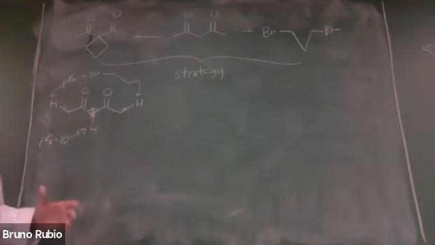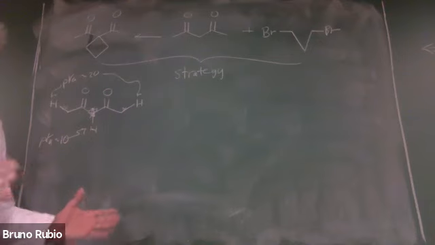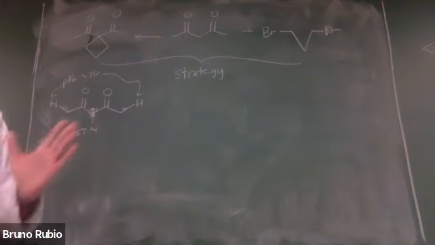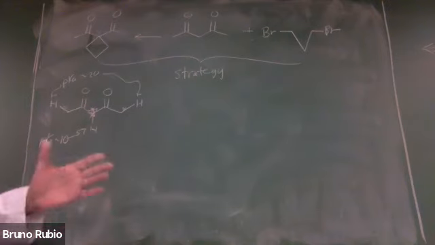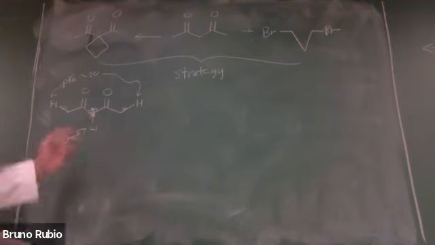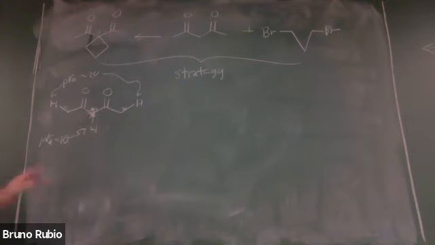So when you have a molecule where a carbon is sandwiched in between 2 carbonyls, those are the most enolizable, the most acidic type of alpha protons, so there is no question of where the enolization will happen. It's going to happen here. Okay, so now I need to add some kind of base.